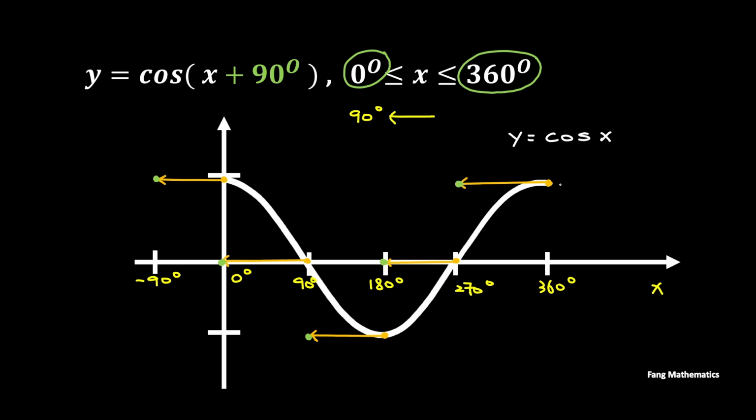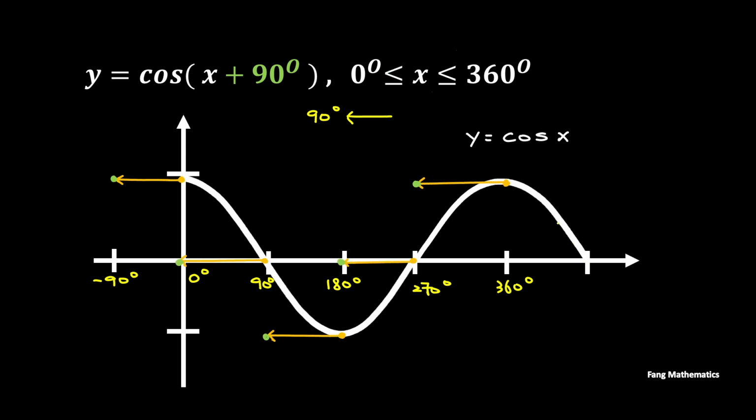And we extend this parent function y equals cos x, because remember, we have to get a point at 360. We are now left with the interval 270 to 360. Let's extend this cos graph. Now, if you observe, I have extended the cos graph 90 degrees on the right-hand side. So I believe this interval should give you 450 degrees, and we use this coordinate and shift 90 degrees towards the left.